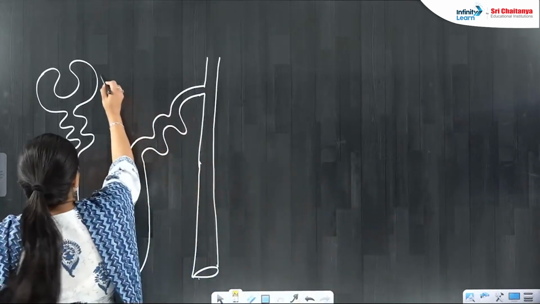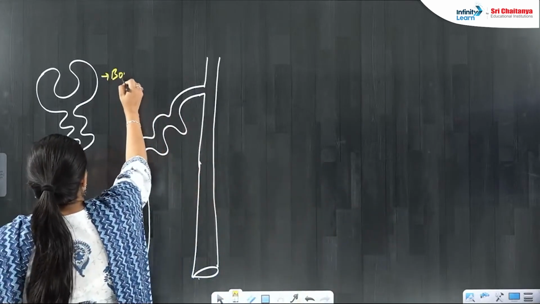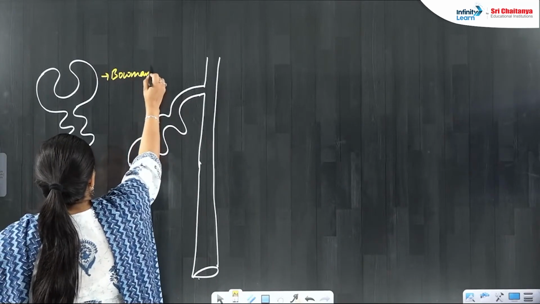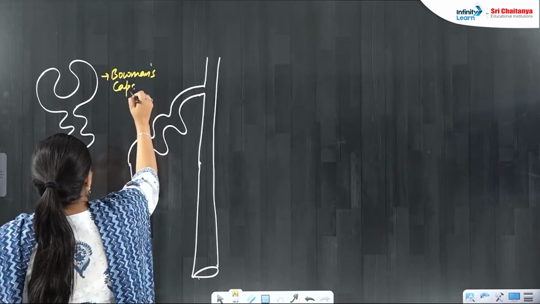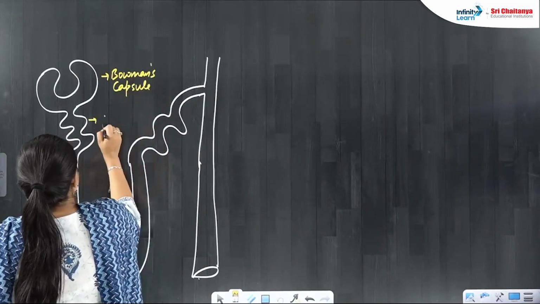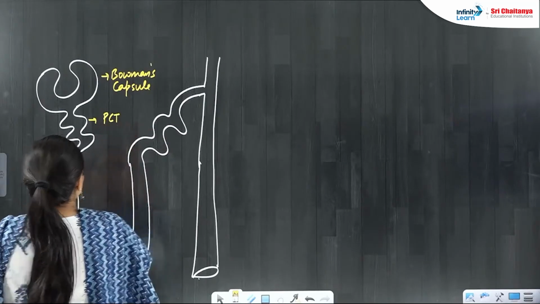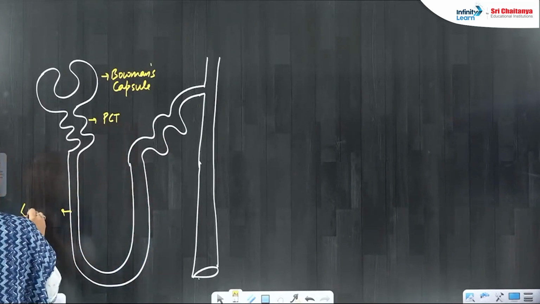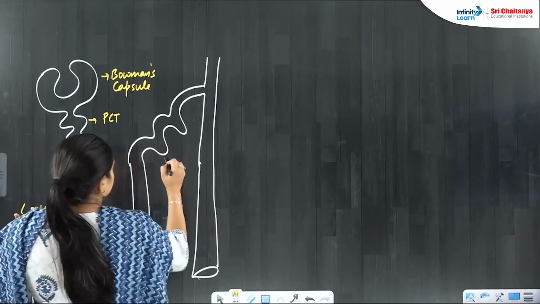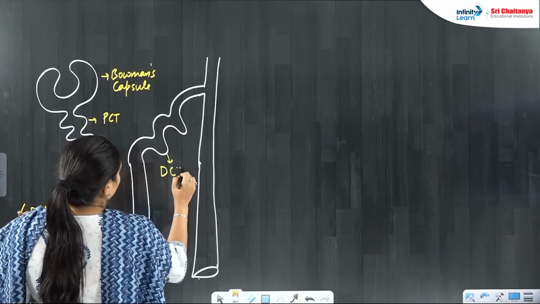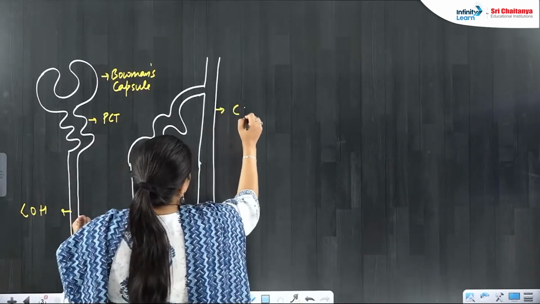This is Bowman's capsule, this is PCT, the proximal convoluted tubule, this is the loop of Henle, this is DCT, the distal convoluted tubule, and this is the collecting duct.